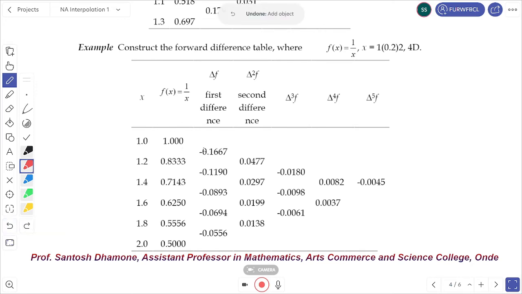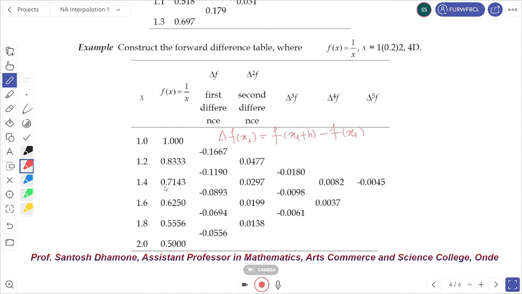By using delta f of x is equal to f of x plus h minus f of x, that is, subtract 1 from 0.833 we get minus 0.1667, subtract 0.8333 from 0.7143 we get minus 0.1190.